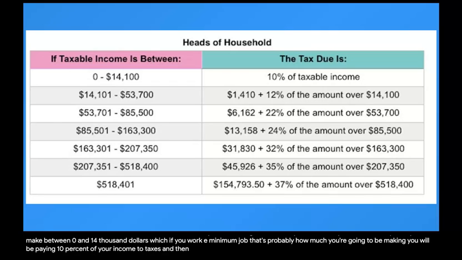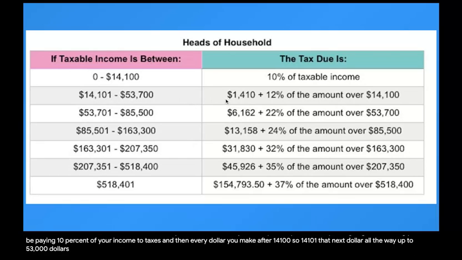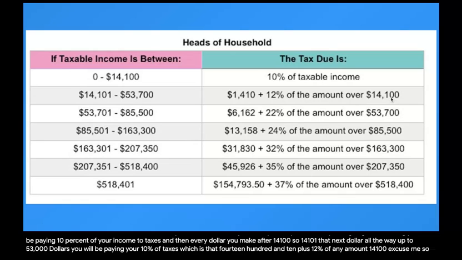And then every dollar you make after $14,100, so $14,101, all the way up to $53,000, you will be paying your 10%, which is $1,410, plus 12% of any amount over that $14,100. So that's the way our tax system works.